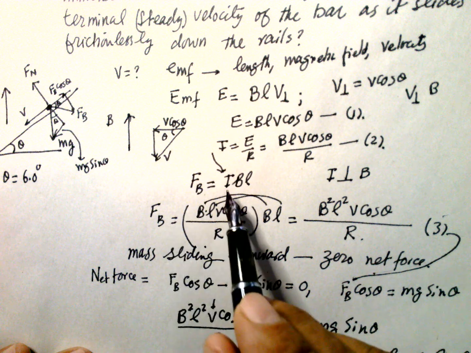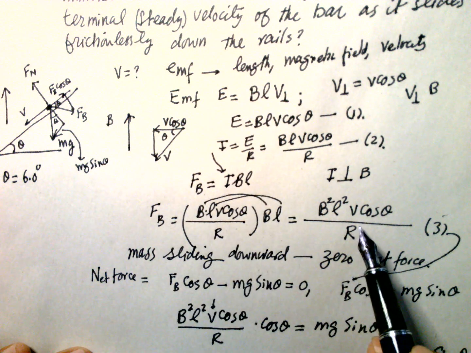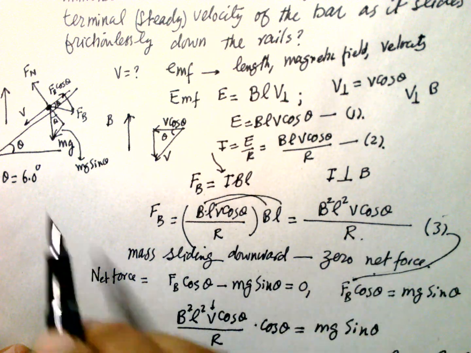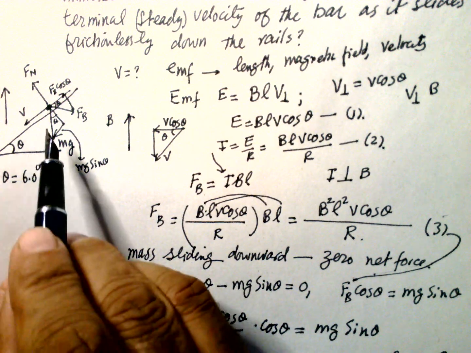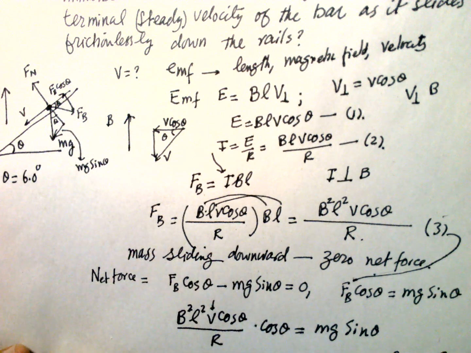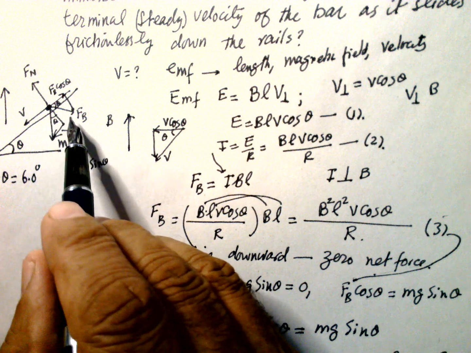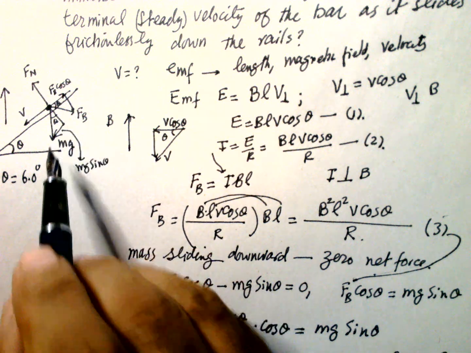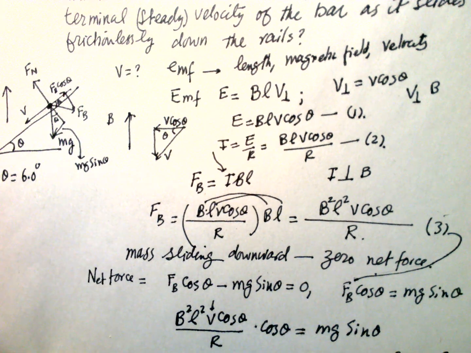So we have found the FB. Now the net force going downward: one is the FB force and then the mg force. Those are balanced. Steady is balanced. That's why it is 0.